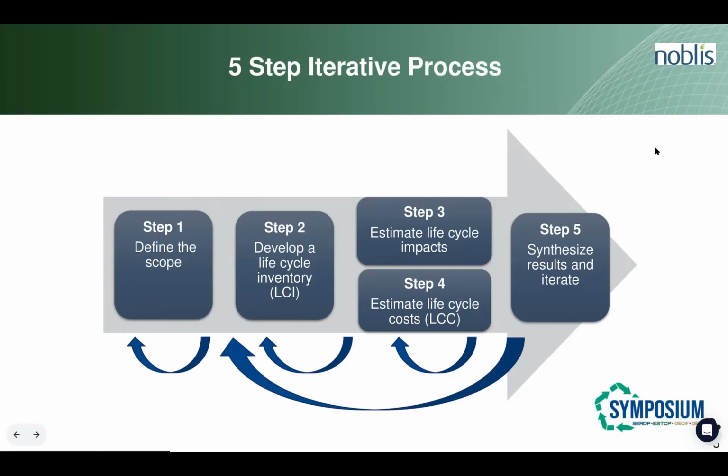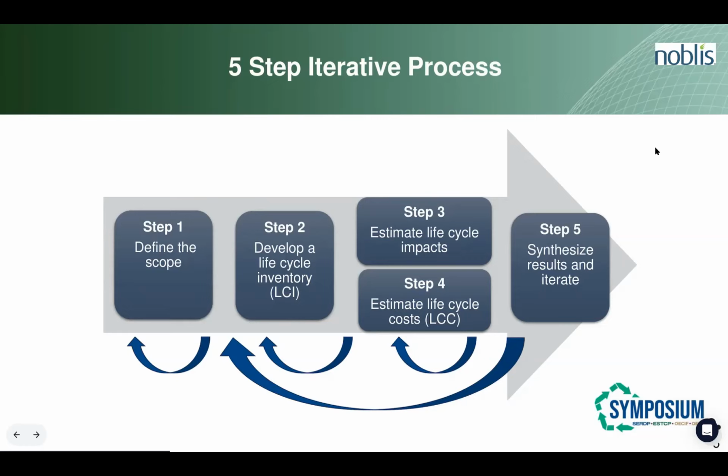Then once you've scoped that out a bit, you get into what we call the life cycle inventory, or basically data inventory. This is where you spend most of your time. This is giving information about whatever process or system you're modeling. You may have direct information about electricity usage.